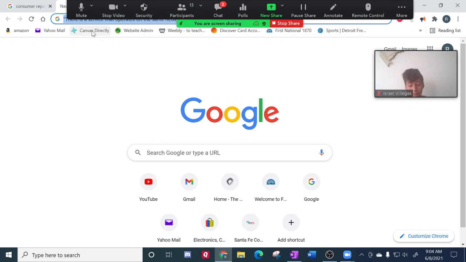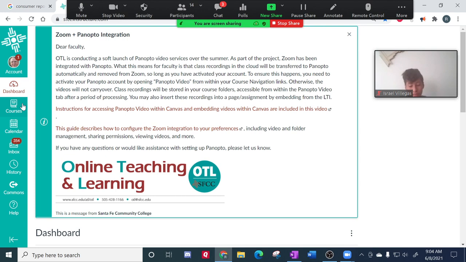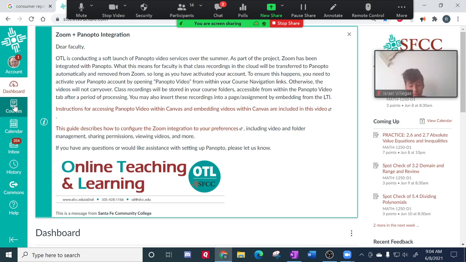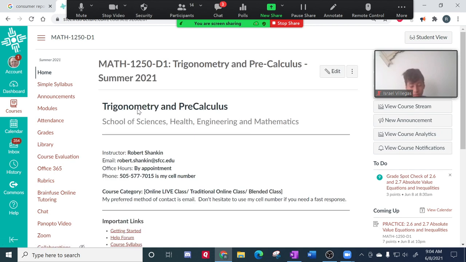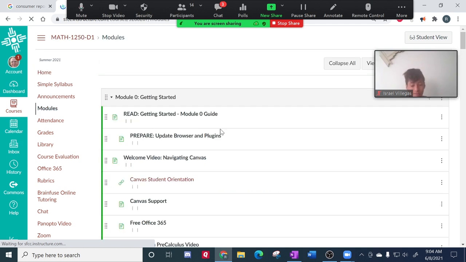Let me go to Canvas, to the site. A little bit more about how this course is structured and how things are going to work. And let me go into the modules.